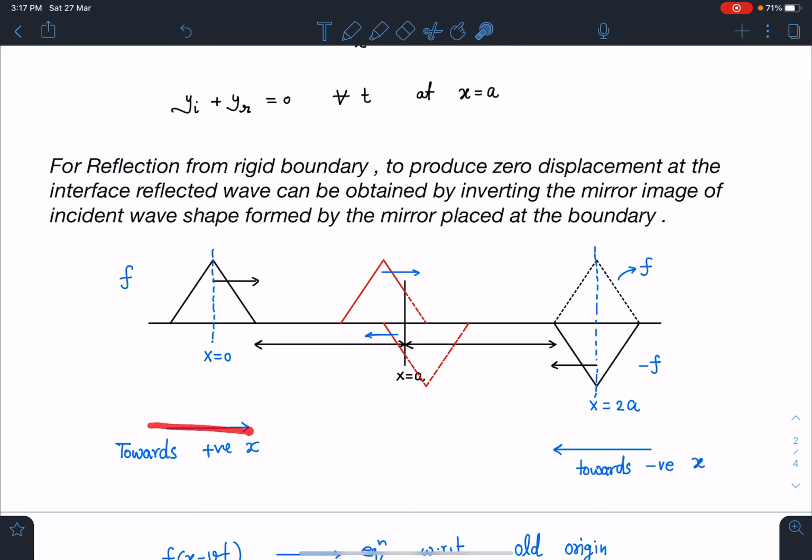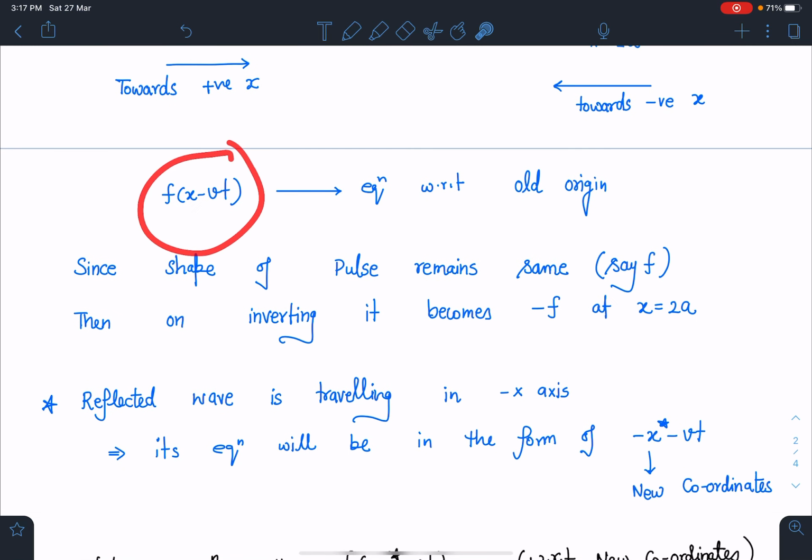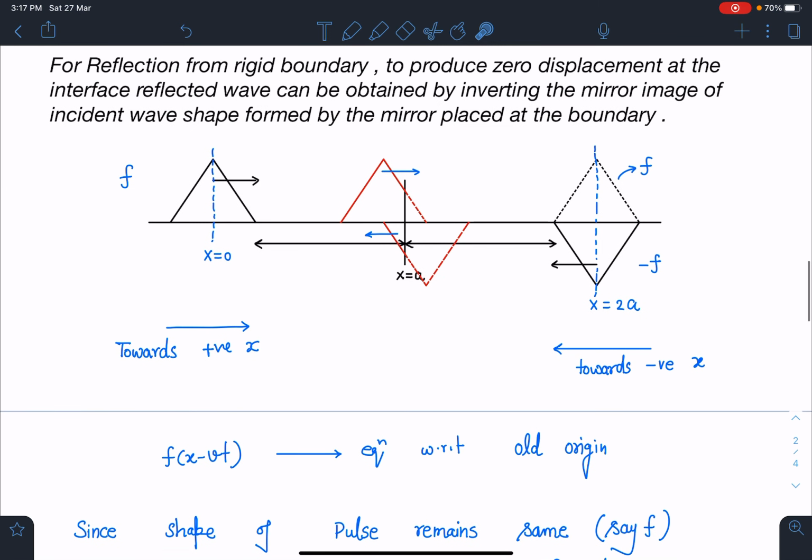So this is towards positive x and this is towards negative x. All right, so this is the shape f of x minus vt. We can take this point as a reference, that is x equal to 0. So we can say f of vt. Here also this will become the same function, f of minus vt, and the inverted version of this will become minus f of minus vt.